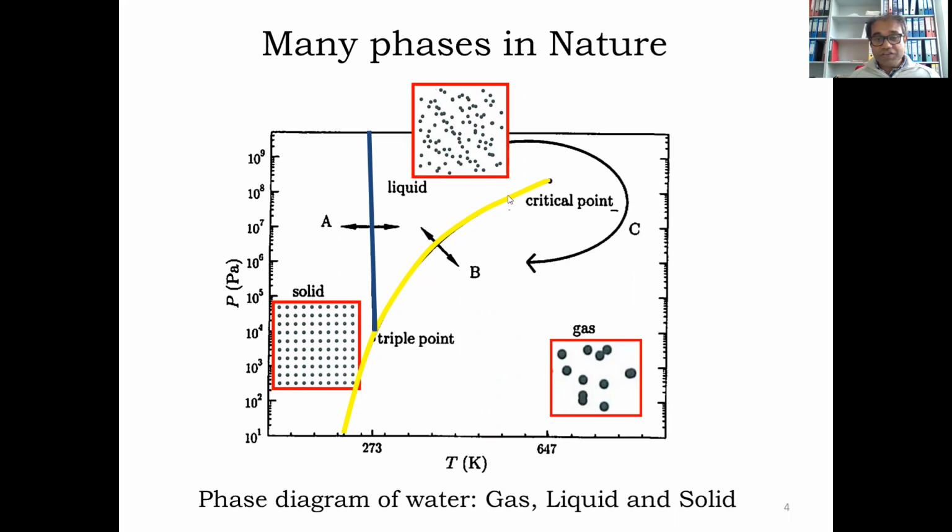You can basically bypass this line and follow the path C. There, essentially, you don't really see a phase transition, only your density will change. That's the critical end point, or the critical point, as we can call it. But on the solid line, at least so far, available data suggests there is no existence of any critical end point.